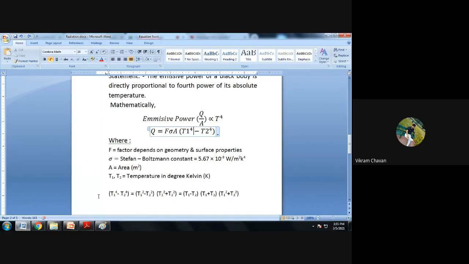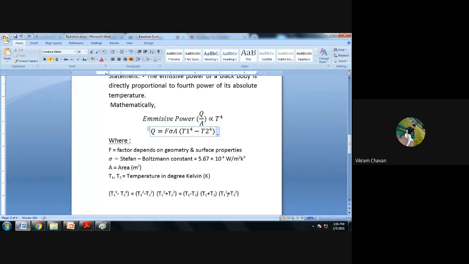In a similar fashion, we have expanded T1 raised to 4 minus T2 raised to 4, which is equal to T1 square minus T2 square multiplied by T1 square plus T2 square. Once again we expand T1 square minus T2 square, and it will be T1 minus T2 multiplied by T1 plus T2, and the remaining part as it is, that is T1 square plus T2 square.